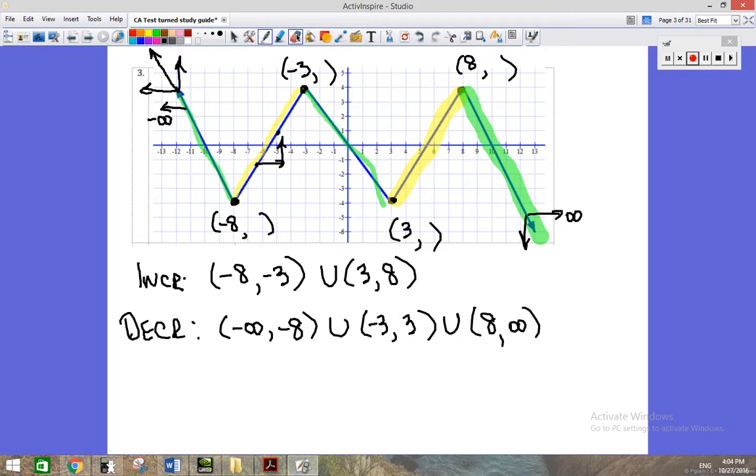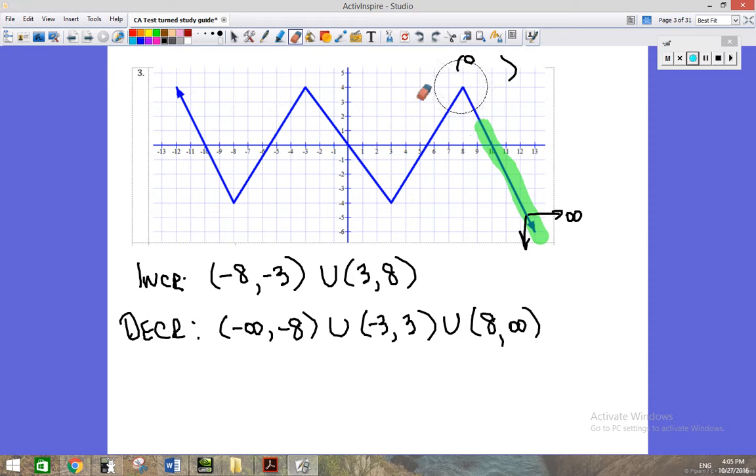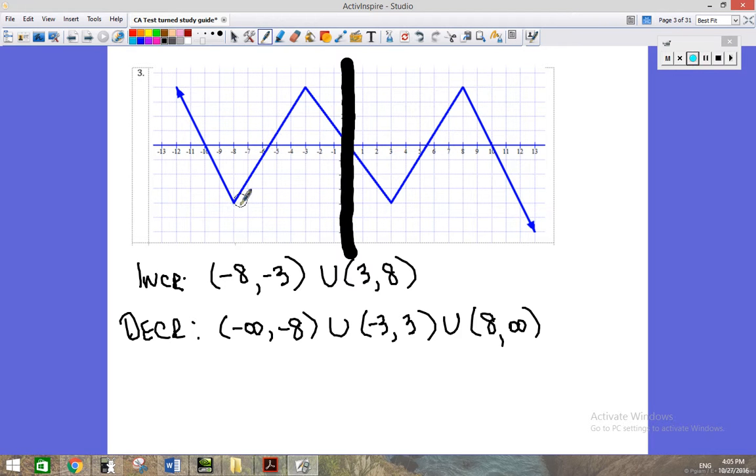Now, what kind of symmetry do I have? If it's symmetry with respect to the y-axis, it's an even function. If it's with respect to the origin, it's odd. If we don't have either one of those symmetries, it'll be neither. Well, again, I can see that it's not even. If this were the mirror, on the left here, you've got this peak.